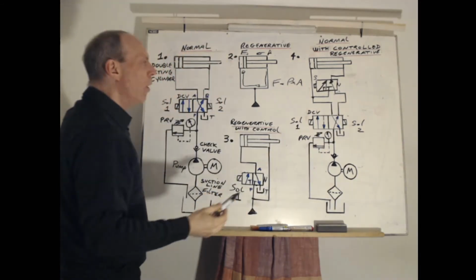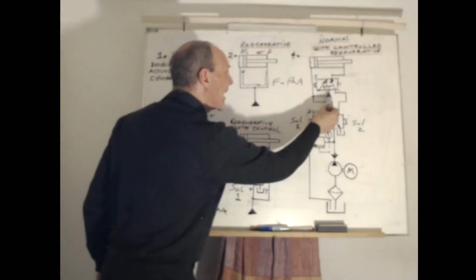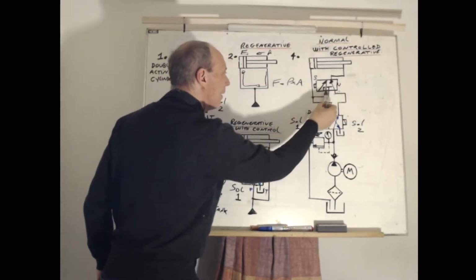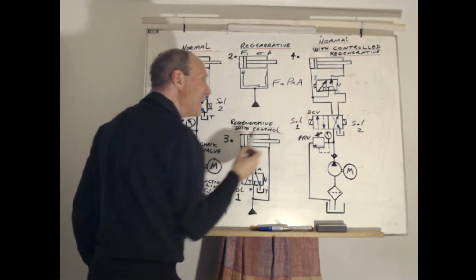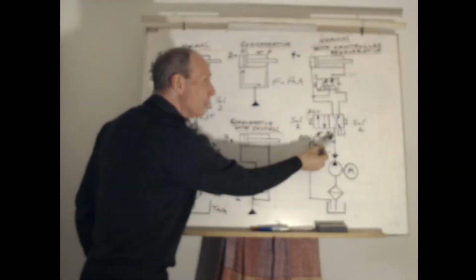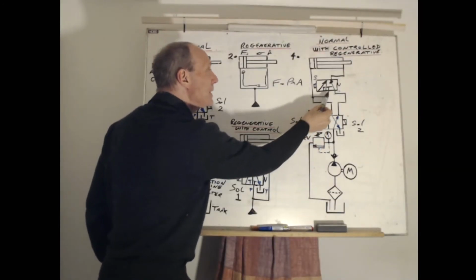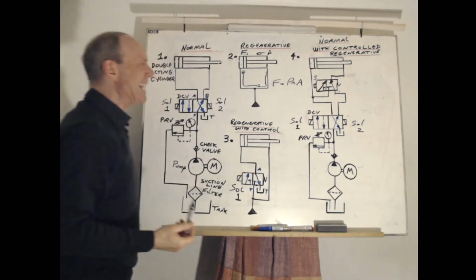So now we would have a connection all the way through on this side. It's already connected here, so when I energise solenoid 1, the oil would go up, would go through, and it would supply both sides simultaneously.